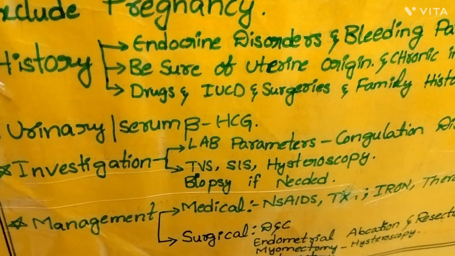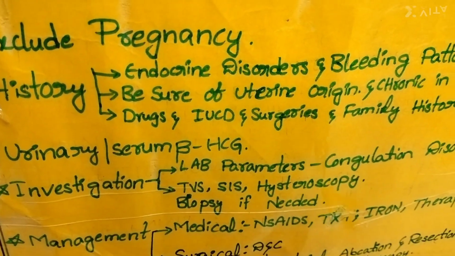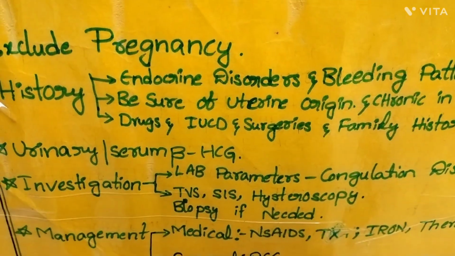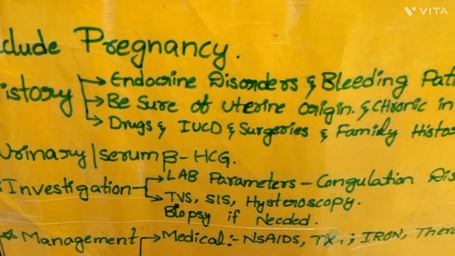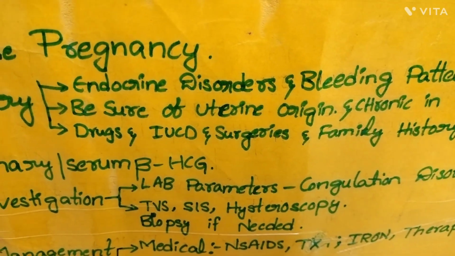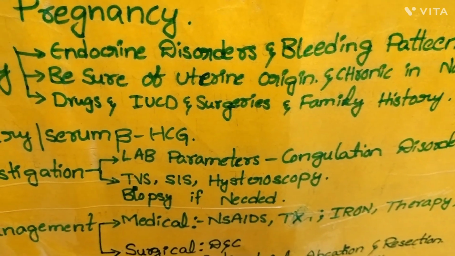And SIS and hysteroscopy. In hysteroscopy, you can see clearly the endometrial thickness, the polyps that are present inside the uterine cavity, and we can also see the uterine cavity. Is there any abnormal cavity, or what is the thickness inside it?